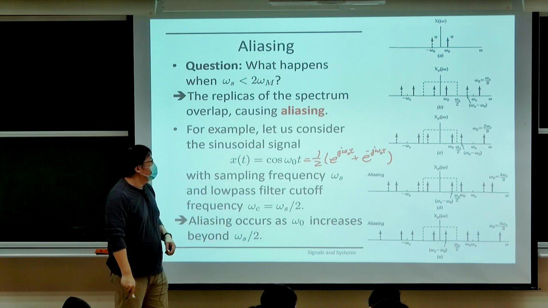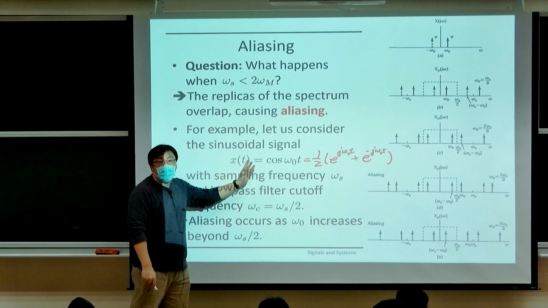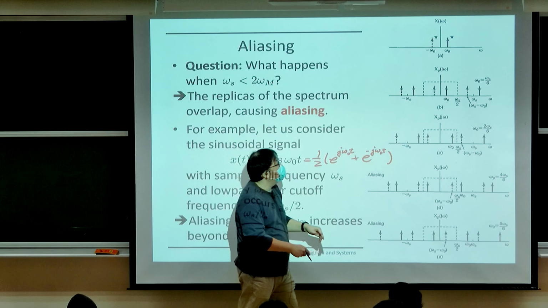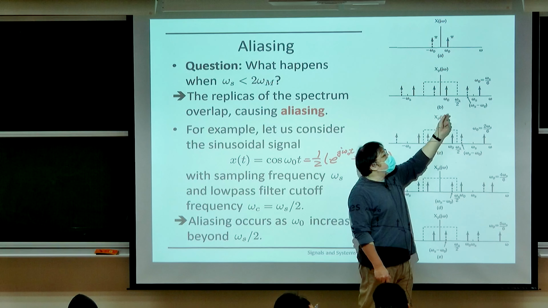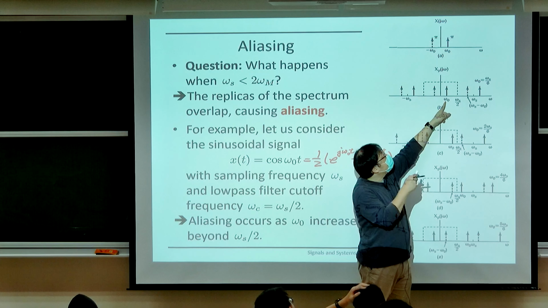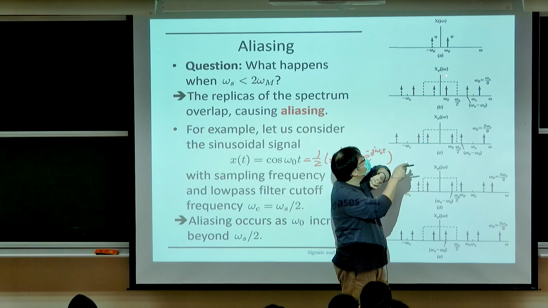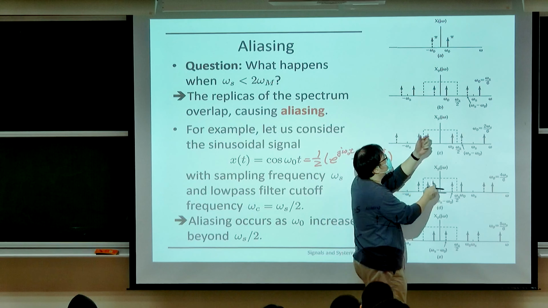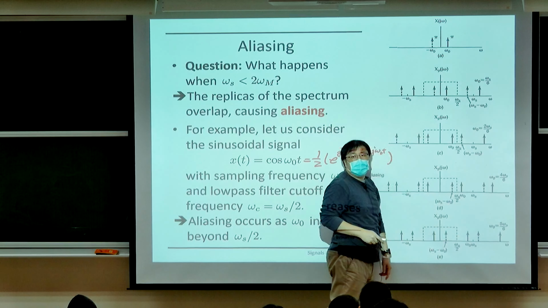Now suppose I sample this sinusoid fast enough. Suppose I choose an omega s that is greater than 2 times omega naught. When I sample, I will get x sub p with a spectrum repeated at every integer multiple of omega s.